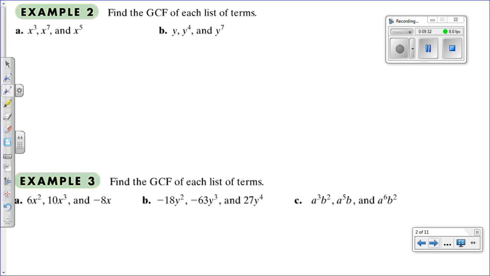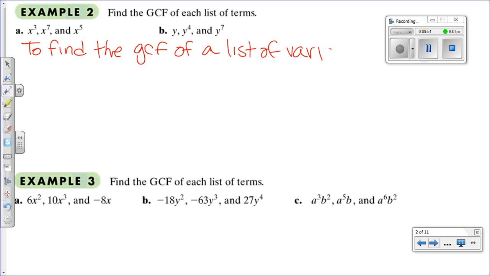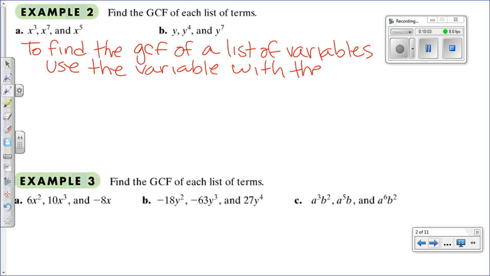Now, here we have variables. And for variables, I want you to write the following statements. To find the GCF of a list of variables, use the variable with the lowest exponent.